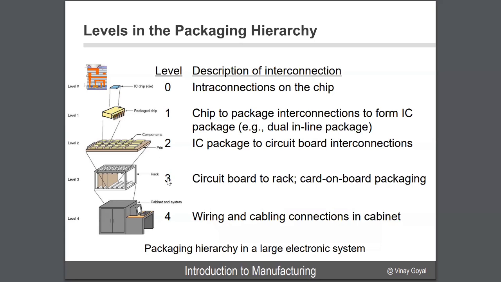And then you have level 3, where the circuit board from level 2 is put into a rack, as you can see here, and you have your board packaging. And then number 4, you have your wiring and cabling connections in the actual cabinet that provides the capabilities needed for whatever was required. So those are the 4 levels. It's actually 5 levels, but it goes from 0 to 4.